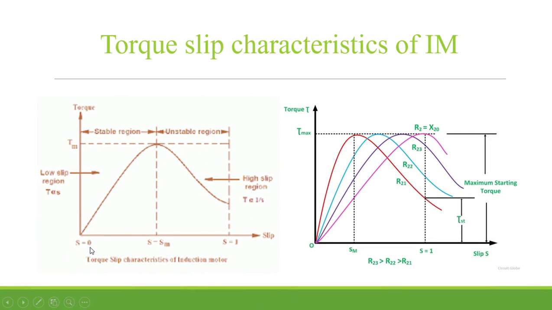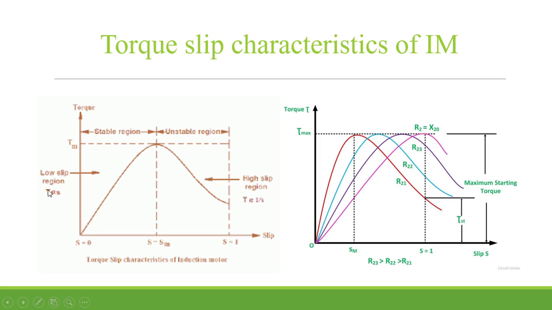When the rotor rotates at synchronous speed, which is practically not possible. And from slip equal to 0 we are varying it to slip equal to 1. When slip is equal to 1, the rotor is not started, it is at standstill position. So slip has been varied from 0 to 1. 1 is the highest quantity for the motoring region of the torque slip characteristic.